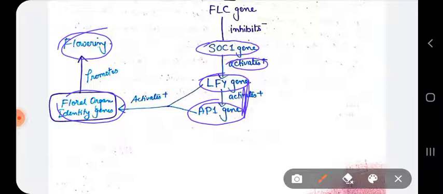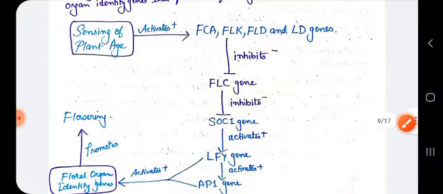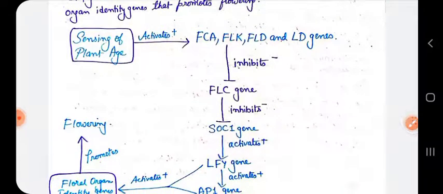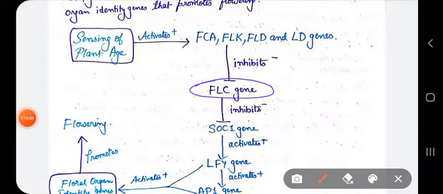Okay, so very easy. In the first vernalization pathway, we have seen that some vernalization genes, due to cold and chilling conditions, inhibit the expression of the flowering locus C gene.